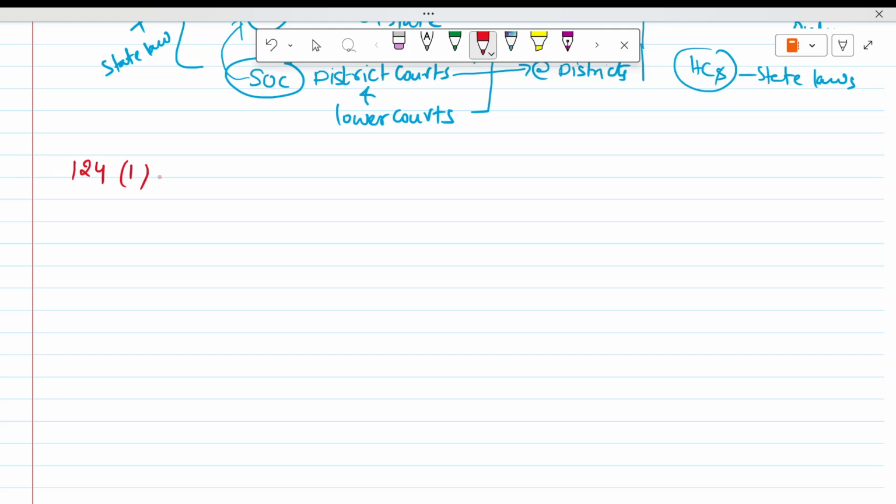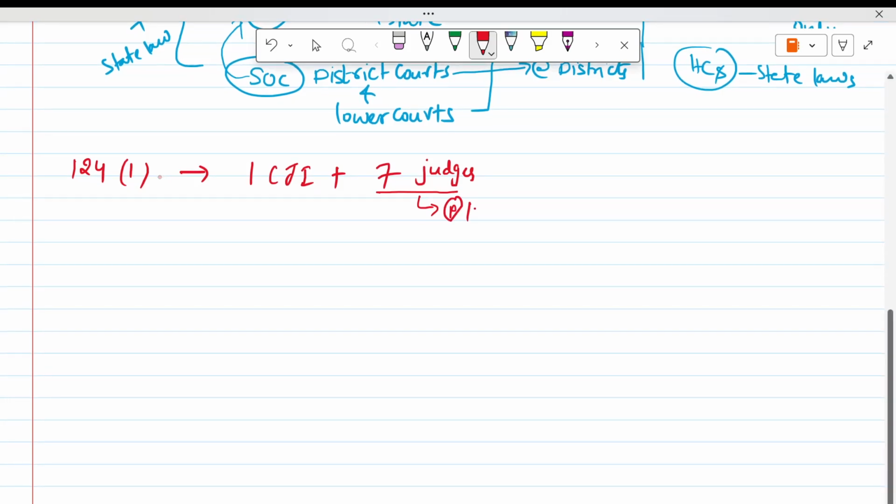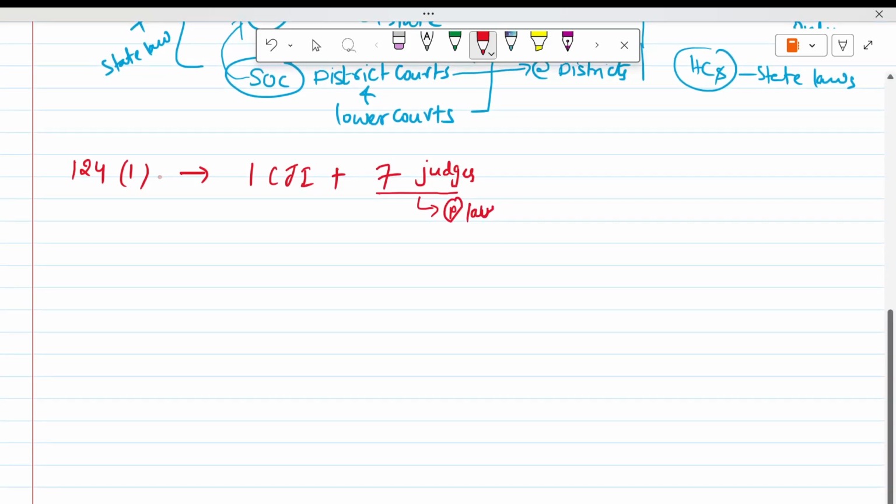Take 124.1. Originally, it says there shall be a Supreme Court with one CJI plus 7 judges. This is the original constitution. These 7 judges can be changed by Parliament by law.